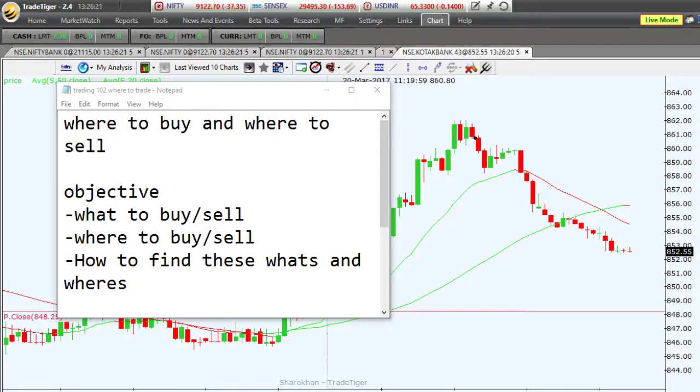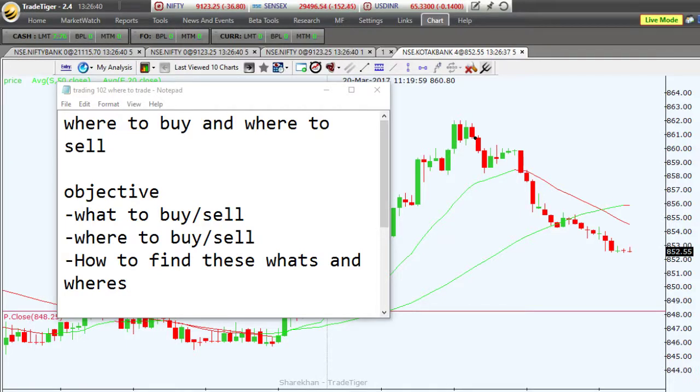So the first objective is what to buy and sell. If we are trading and we want to buy something, we first have to determine what those things or stocks are that we will buy or sell.